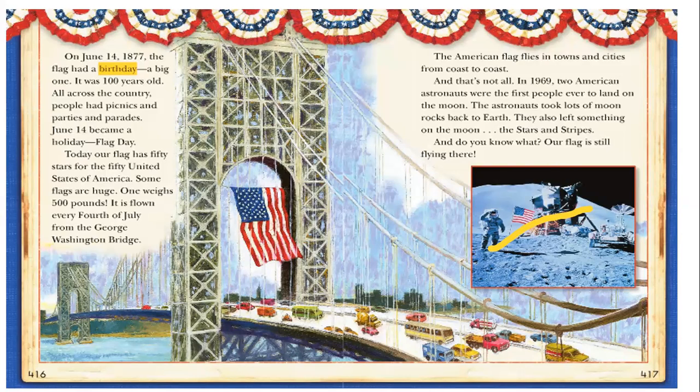This page also shows that the flag has 50 stars these days, and there is a very huge flag, weighs 500 pounds, and it is flown every Flag Day. Not only this, in 1969, 2 American astronauts were the first people ever to land on the moon and left the stars and stripes on it.